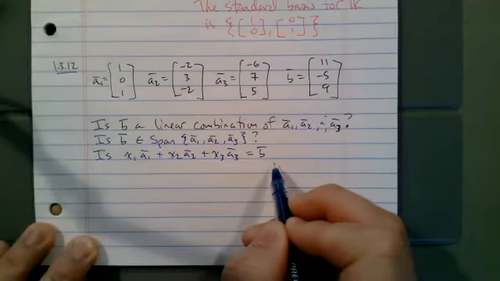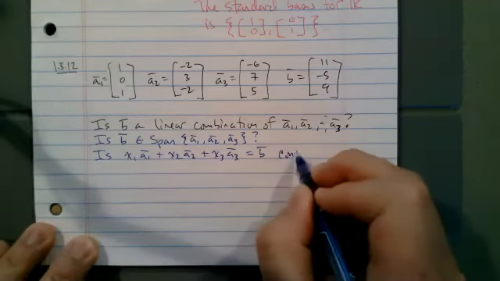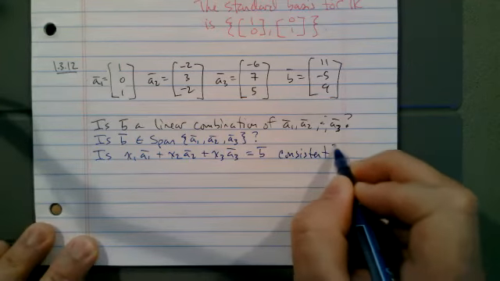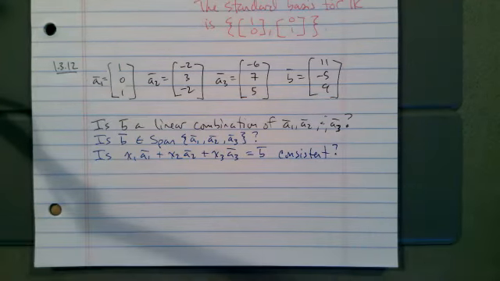Is this vector equation consistent? So we've taken a question about linear combinations, translated it into a question about a vector equation, which means we are now able to proceed onto our augmented matrix, then the reduced row echelon form. Any questions?